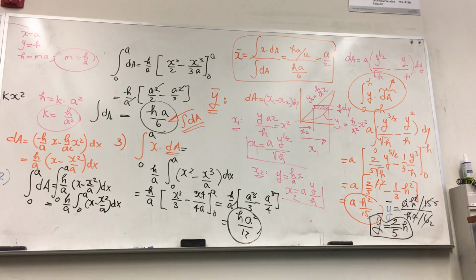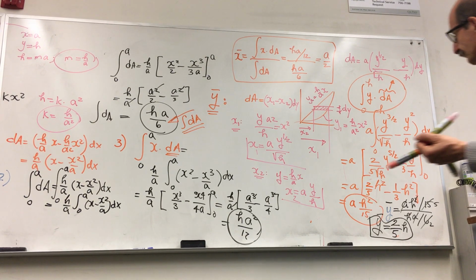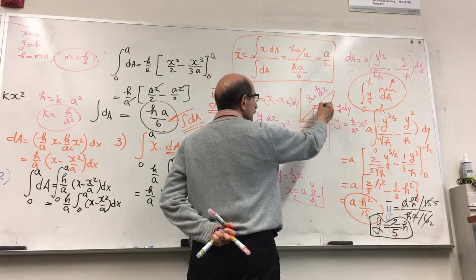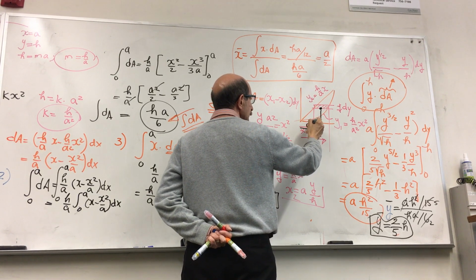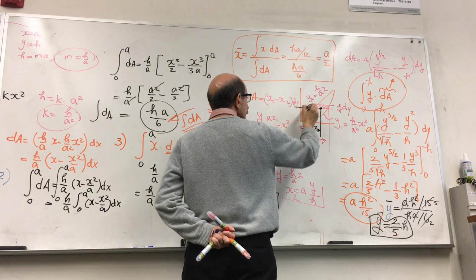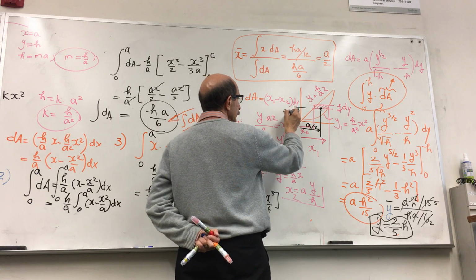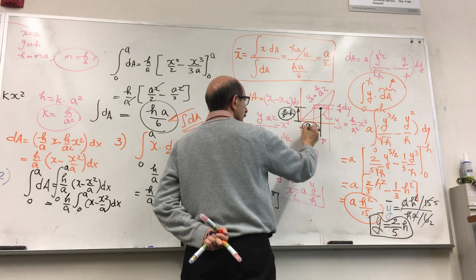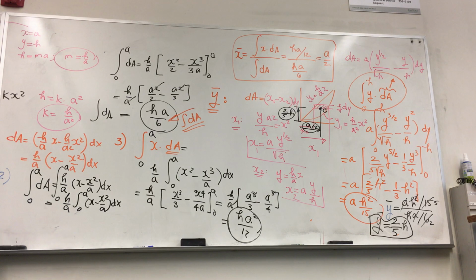So what that means is the centroid of this area is located at a point which is halfway of the distance here, and this, which is y bar, is 2/5 of h. That's where the centroid is. Easy, right?